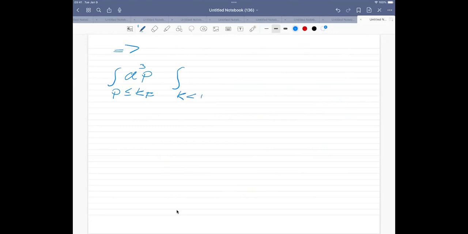I have a constraint on k, and then I'm writing out here a dk k squared, spherical coordinates. There is no dependence on the angle phi, so I can integrate that up, and that gives me a factor of 2 pi. And then I integrate over cosine, which gives me an integral limit from -1 to +1.